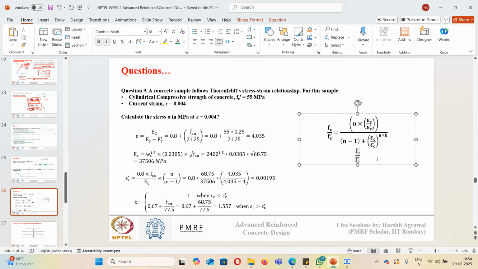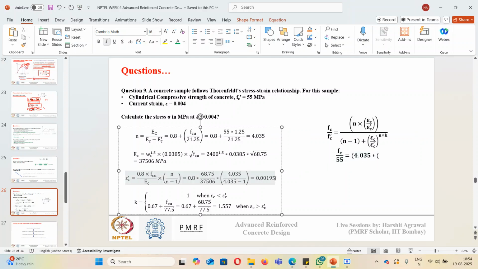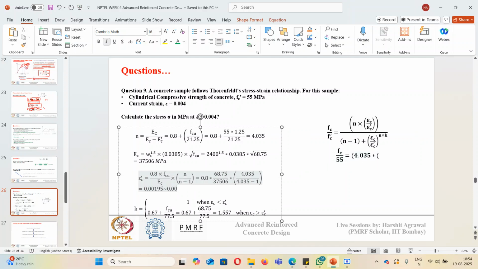So fc upon fc dash, we know fc dash is 55, is equal to n times epsilon c upon epsilon c dash. I'm assuming epsilon c very close to 0.004 so that I can simplify the calculation. So epsilon c upon epsilon c dash, 0.004 upon 0.002, will give me a factor of 2.